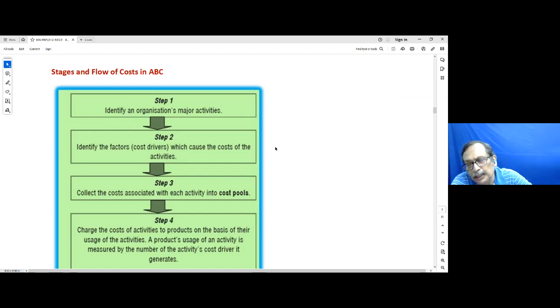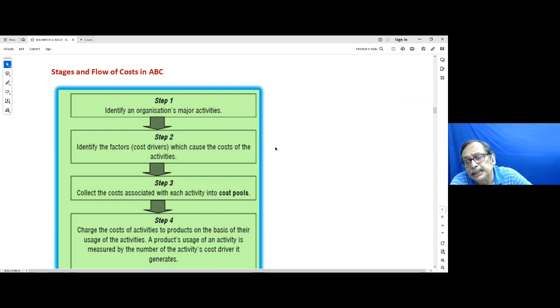These are the activities performed by the organization for increasing the value or worth of the product, so that consumers are going to pay a higher price for that. That is inspection, quality control, and all the activities which increase the value of the product, which are called value-added activities.